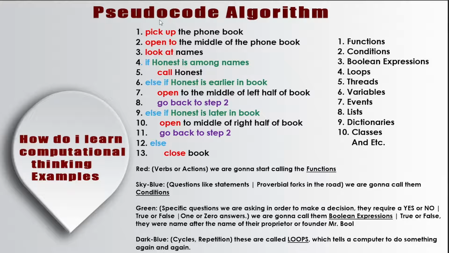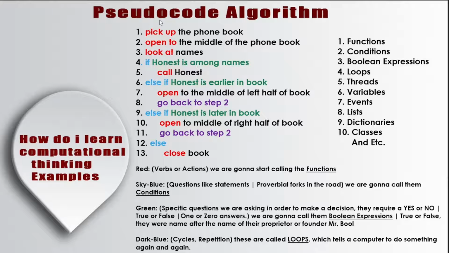All right, now we also have words like if honest is among names. They are referred to as conditional statements, because you are giving a condition: if honest is among names, then call the name.